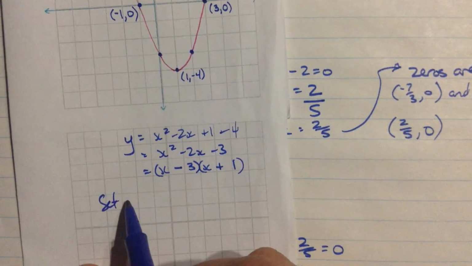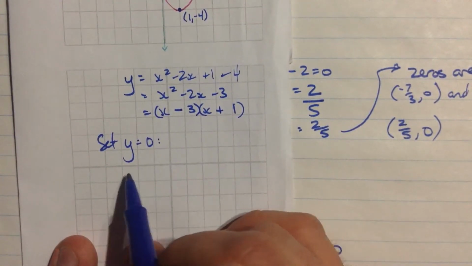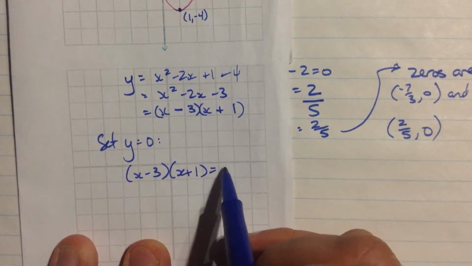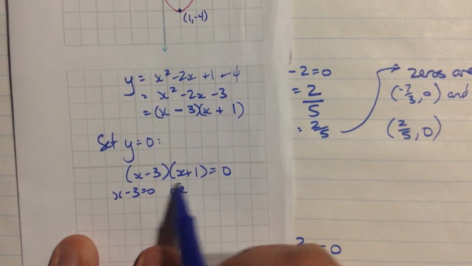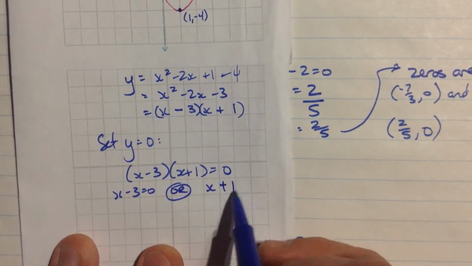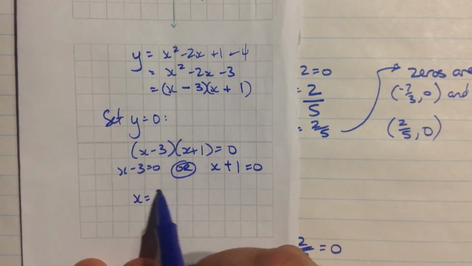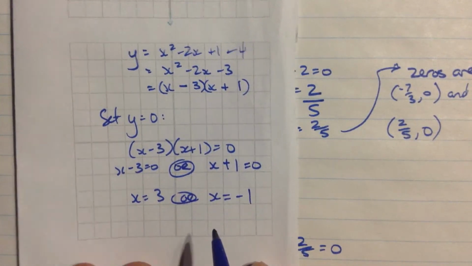So let's set y equal to 0, and that'll give us x minus 3 times x plus 1 equals 0. So x minus 3 equals 0, or x plus 1 equals 0. And check it out, x equals 3, or x equals negative 1 for our zeros.